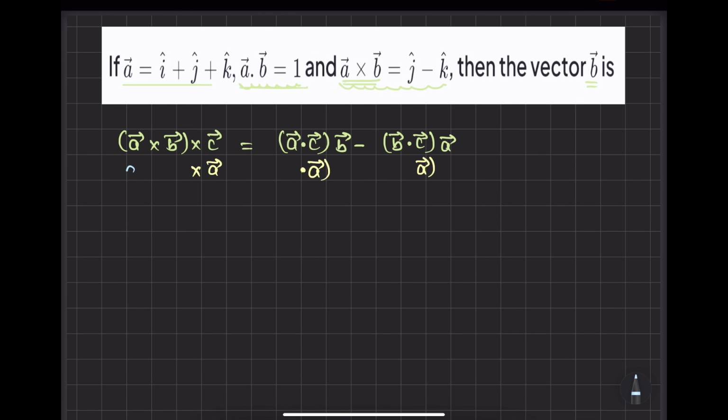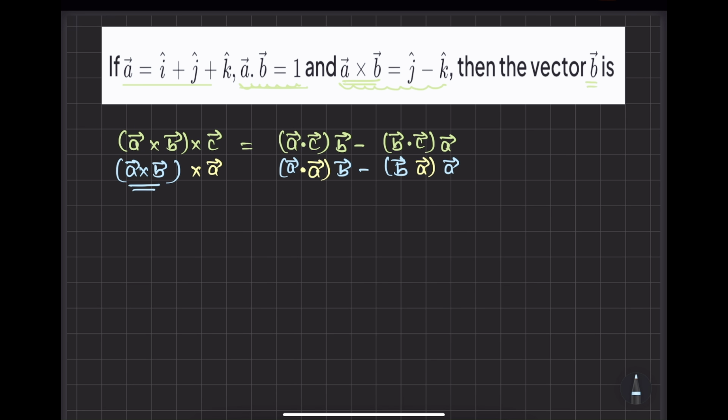Now it is A cross (B cross A), it is B (A dot A), it is A (B dot A). We have minus.